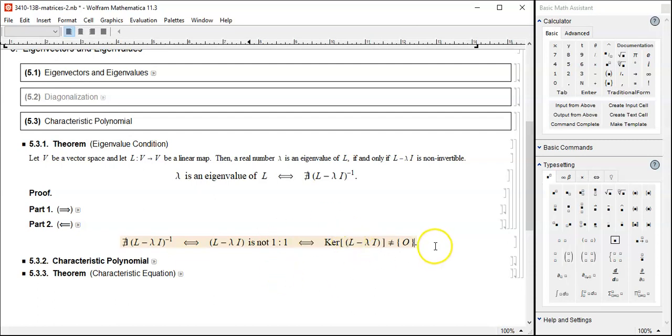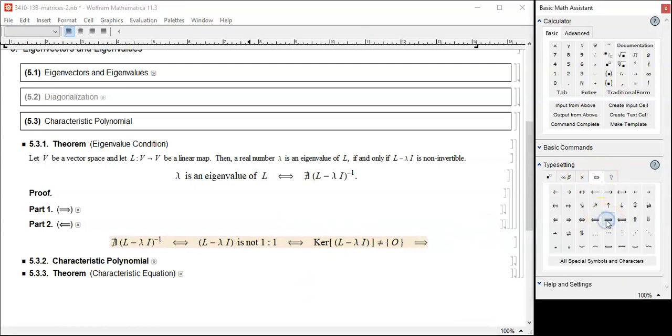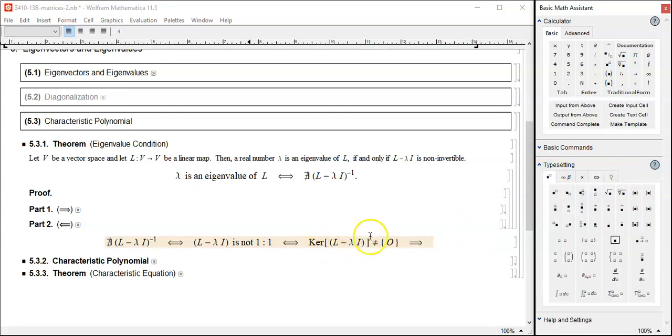So we get up to here, and from here we can make this observation. What do you mean by kernel? Kernel means a certain vector applied with this linear map will give me 0. That kind of vector belongs to the kernel.